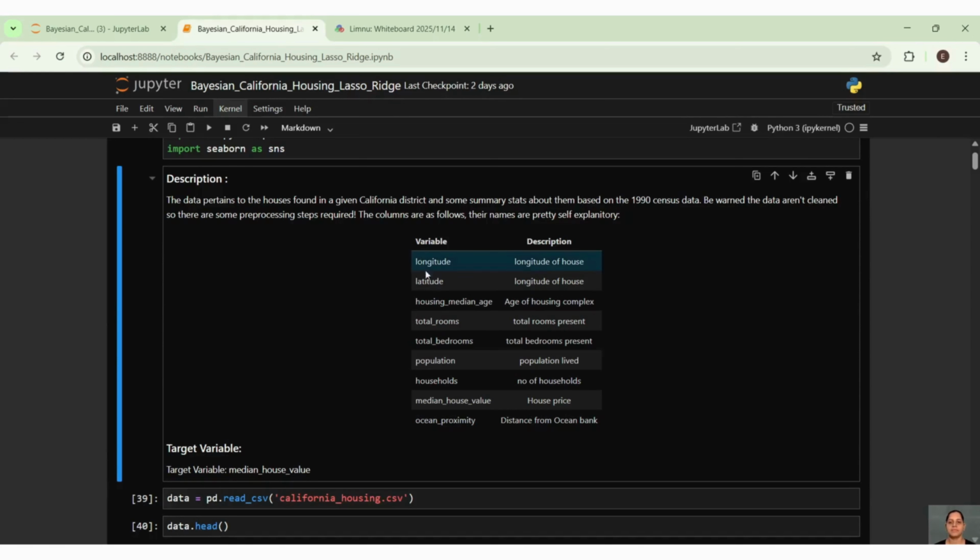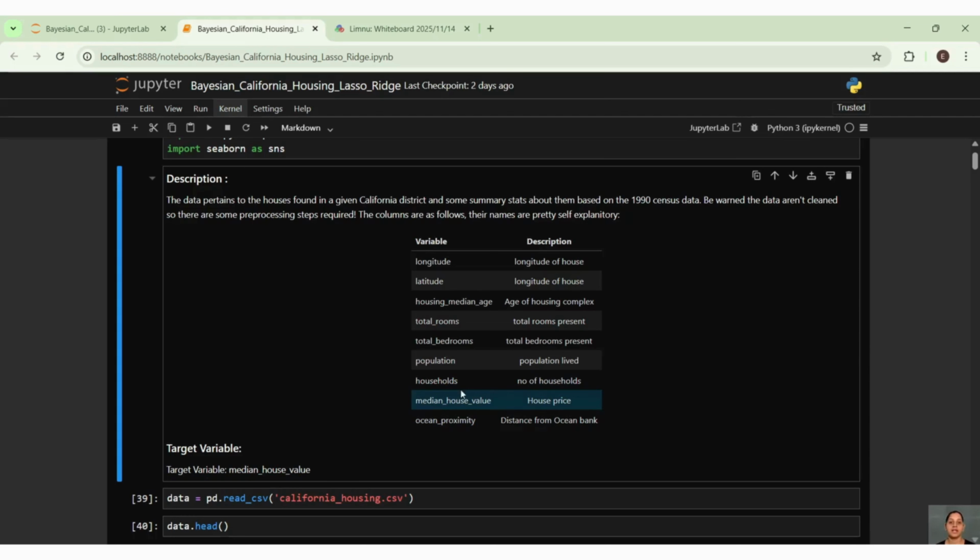We have longitude, latitude, then housing median age, that means the age of the housing complex, then total rooms present in that complex, or what we call a society or apartment, right? Then total bedrooms, and population, that is the total number of people living there. Then households, the number of households. Then the housing value.